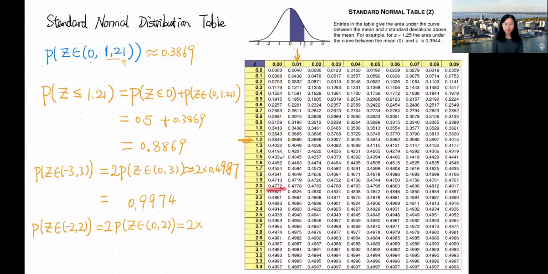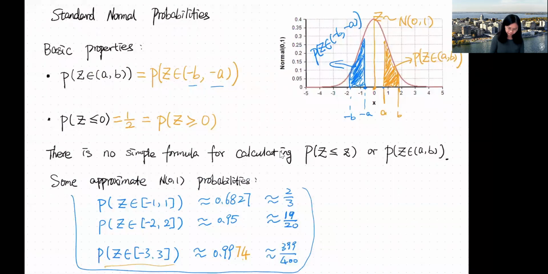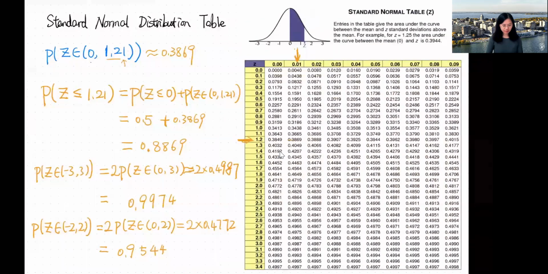So we have 0.4772. And 2 times that is about 0.9544. That's our calculation from this table.